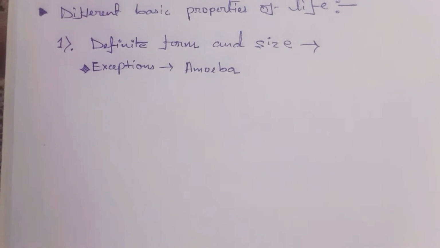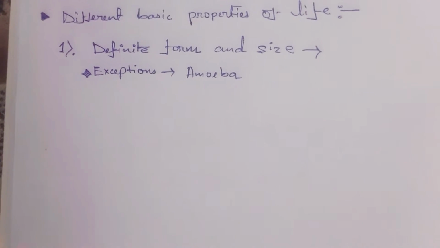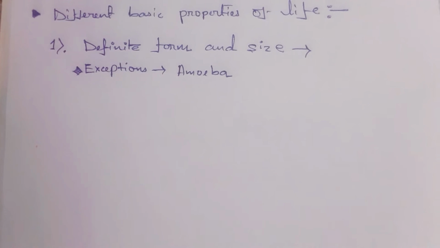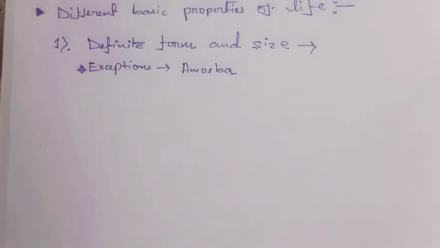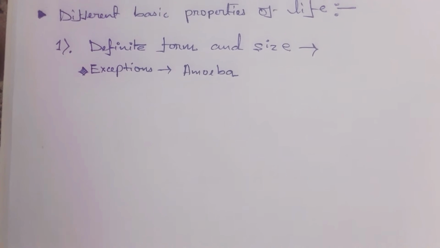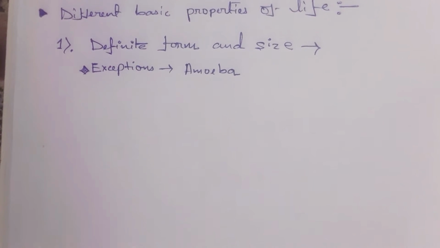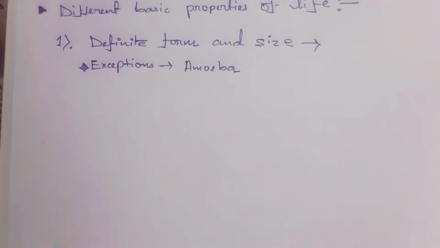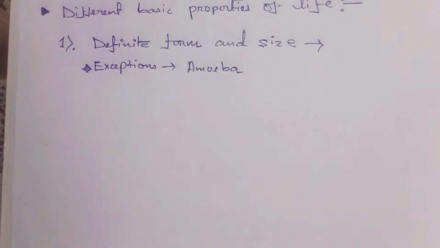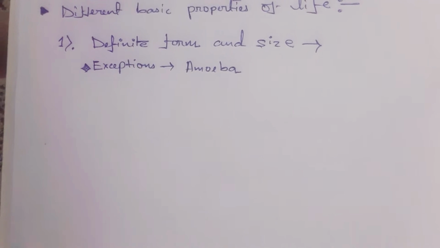Now the amoeba does not possess a particular shape, it just possesses certain properties with the help of which it can shape itself and change from one shape to another. So there are exceptions, but mostly life is a property in which definite form and size can be seen.